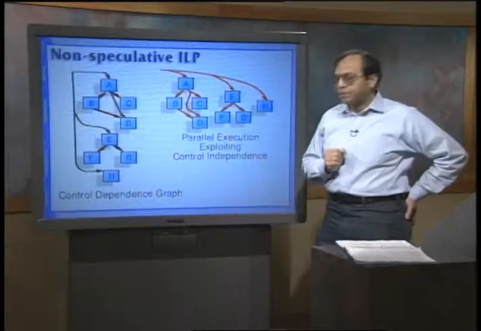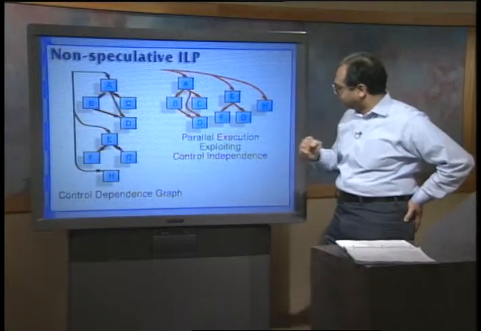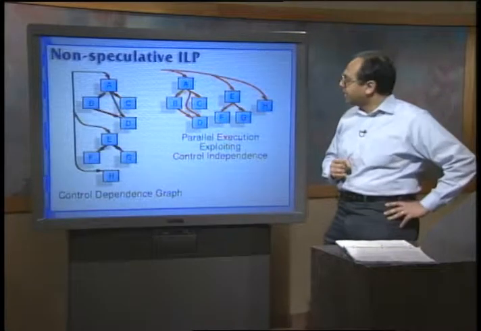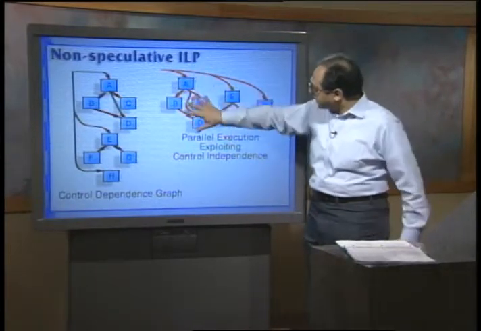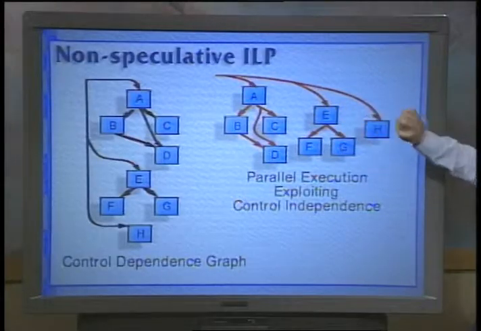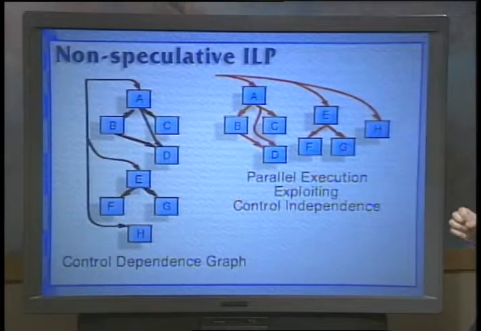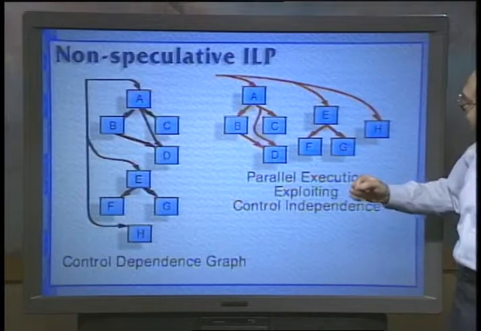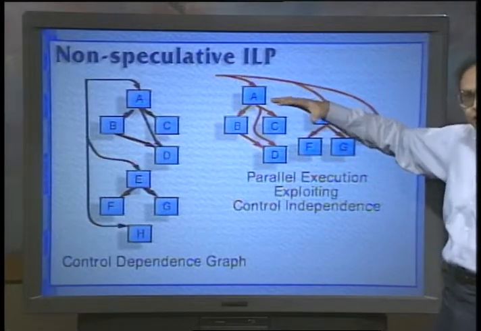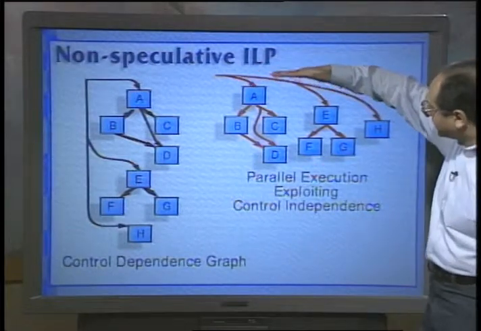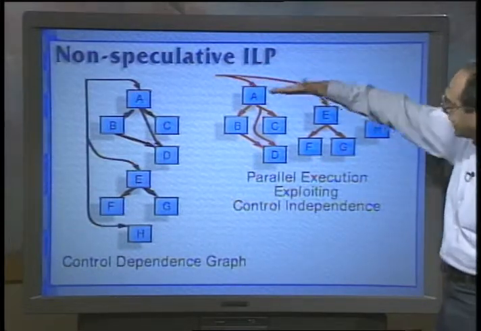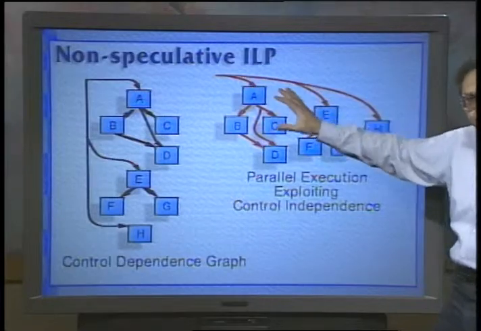Now, the question one might ask is, how do we actually exploit this? I mean, in principle, we can do this. And in fact, if we had a multi-thread machine, we could go ahead, assign this to one thread, assign this to another, this to a third, and make use of this parallelism. If we have a single thread machine, we have one of two choices. One is to come up with a rather complicated piece of code which says, okay, I start off executing these three in parallel. At some point, this thing branches either one way or the other.